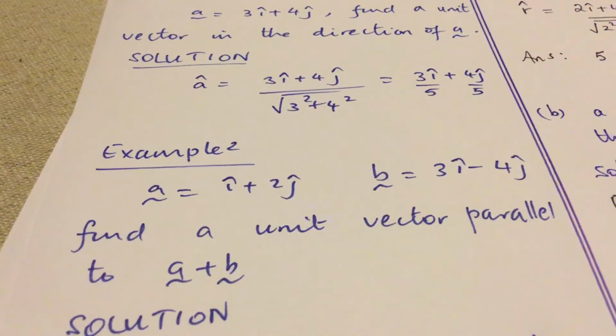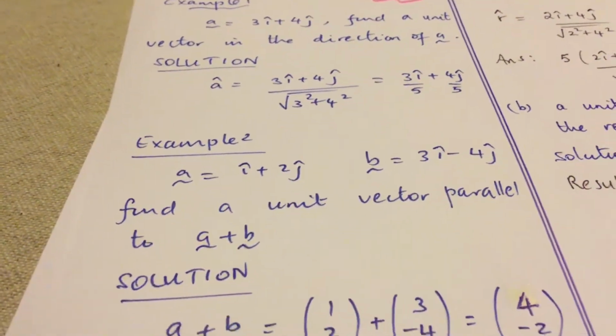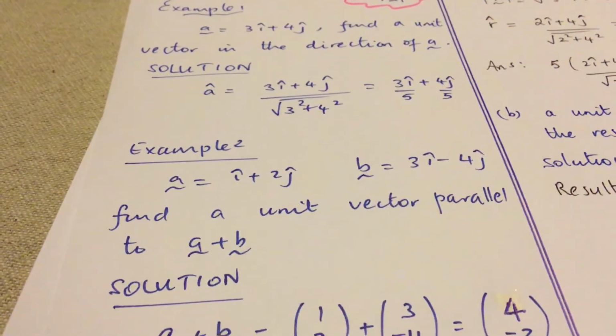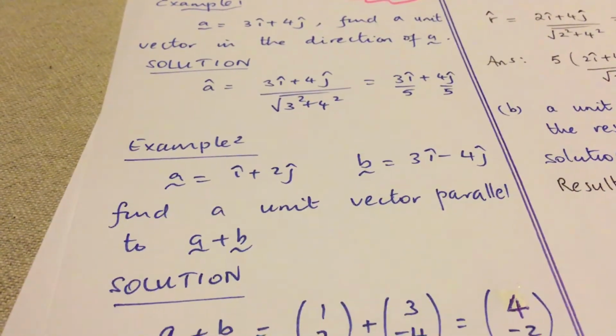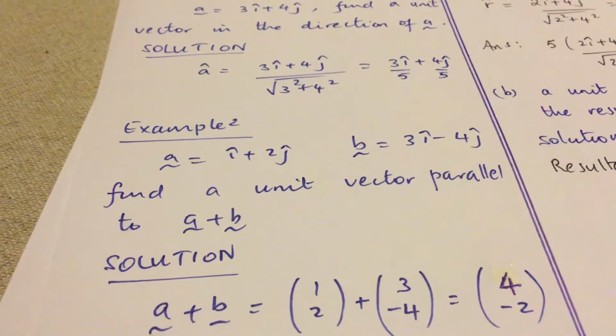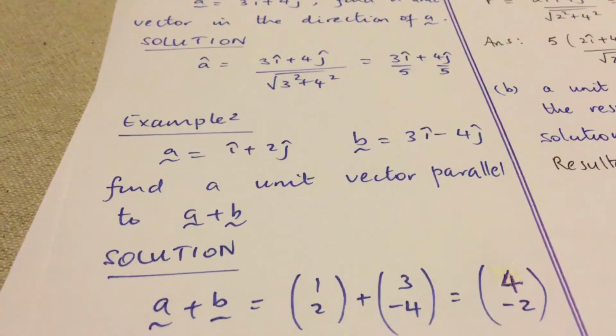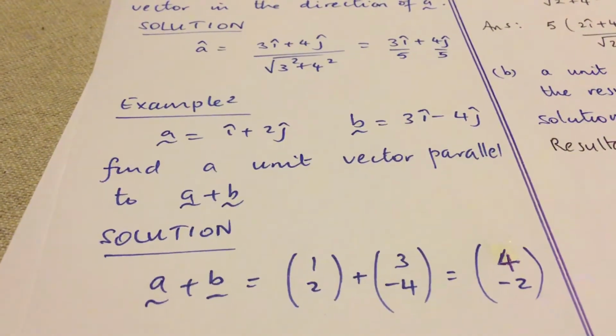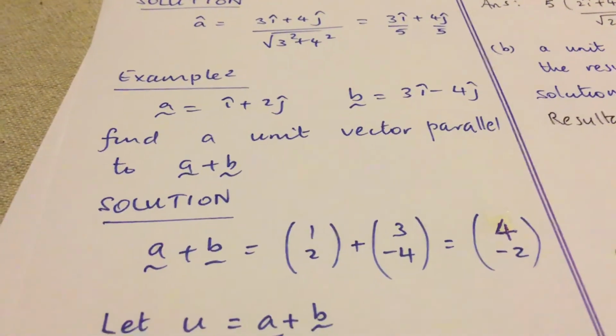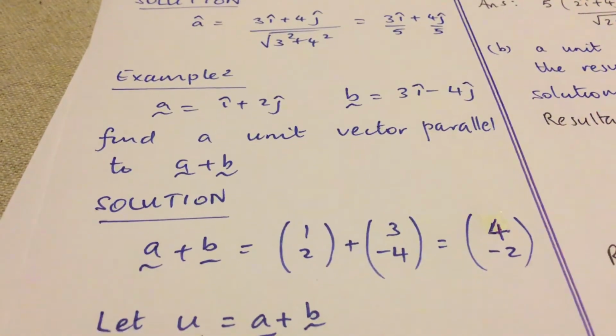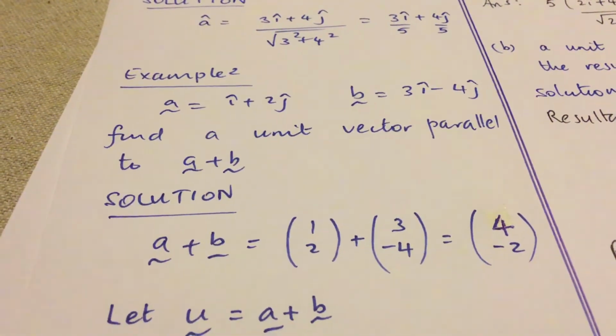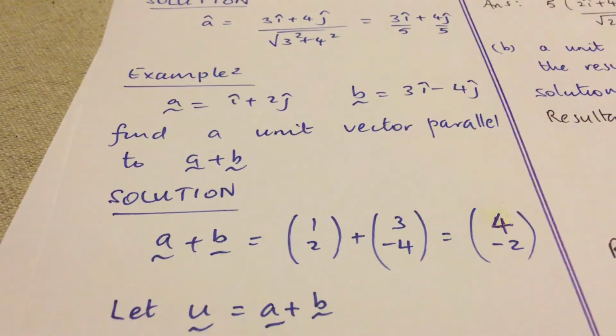Example 2, we're given two different vectors. Vector a is i plus 2j, and vector b is 3i take 4j. The question is to find a unit vector parallel to a plus b. So before finding the unit vector, first we have to find a plus b. And remember, one of the easiest ways to find this is to write vectors a and b in column vector form.